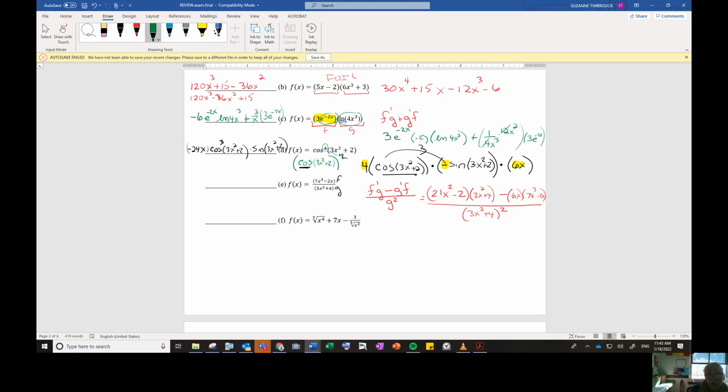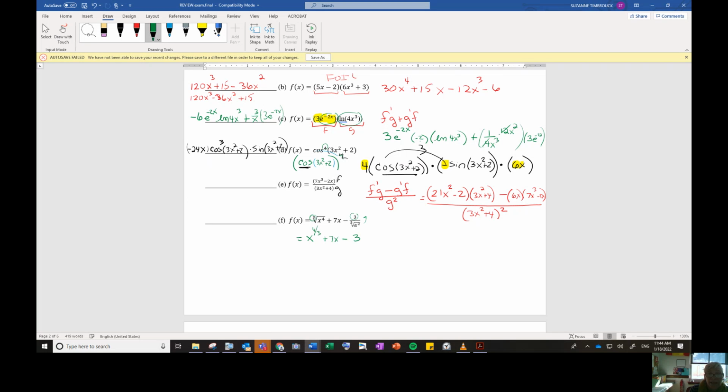For the last one, you're going to want to write this in powers. So this is x to the fourth, and then this is the denominator of the exponent. So you have x to the 4/3 plus that 7x. This is 3 over x to the 2/5. So let's just move that to the numerator as a positive.